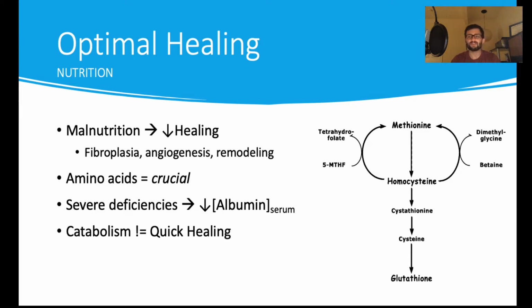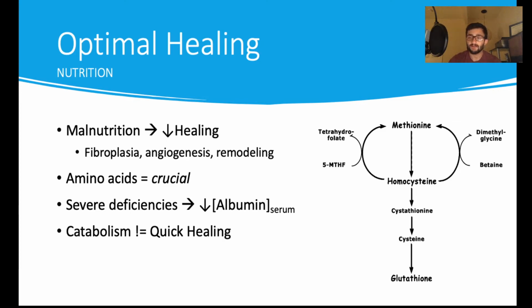And it's because methionine is actually involved in two really important processes that have to do with healing. And I'm going to show you a kind of picture representation of where those processes are, but we'll talk about it first. So first, methionine is tied into the synthesis of tetrahydrofolate, which we know is one of the functional origins of pyrimidines. And of course, pyrimidines are needed for nucleic acid synthesis, which we need for cell replication and cell division.